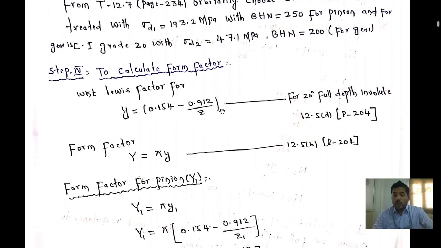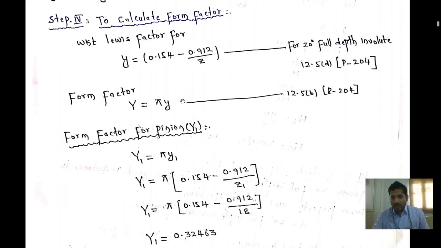We consider this from equation 12.5b, page number 204 of the design data handbook by Mahadevan. And the form factor formula is Y equal to pi into y. So instead of this y, we need to substitute this value. Clear?